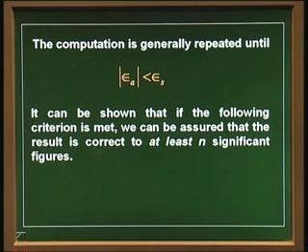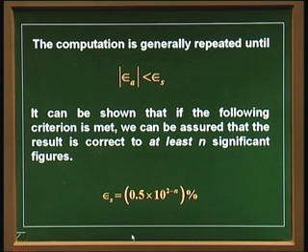It can be shown that if a criterion of this order is met, that is, if I want a precision up to a certain number of digits, where n is my number of significant figures, then on a machine with base 10, 0.5 into 10 to the power of 2 minus n percentage would tell me that my answer has n significant digits.